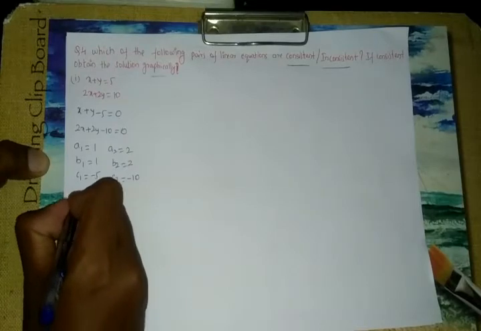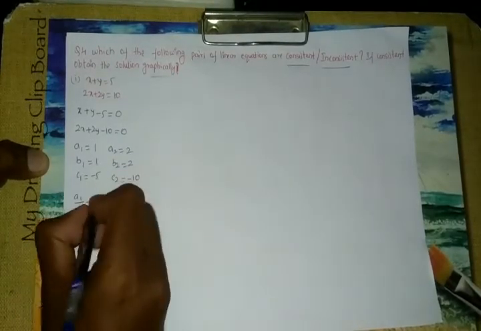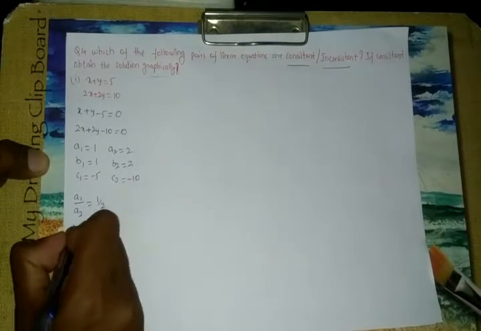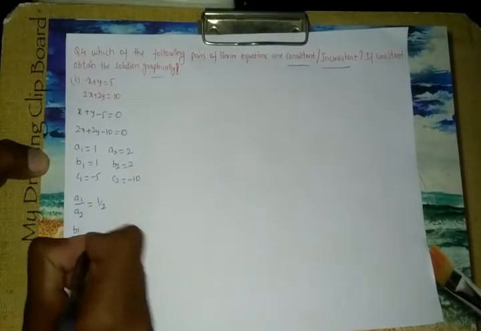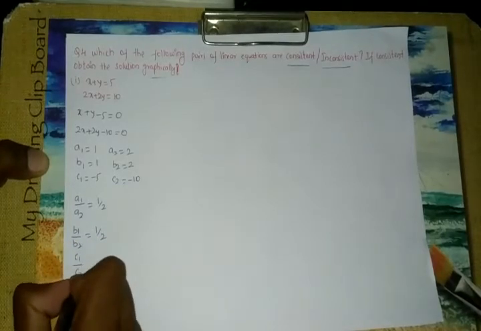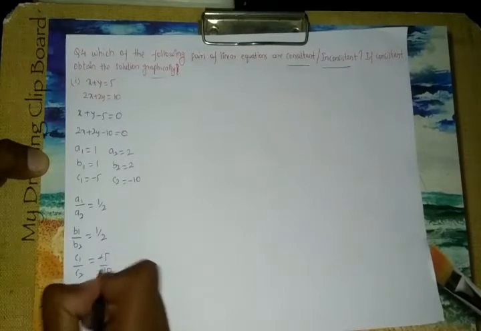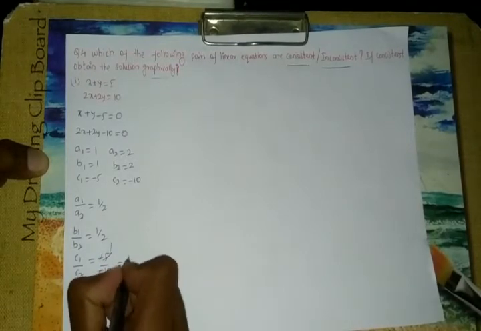So the ratio a1 by a2 equals 1 by 2, b1 by b2 equals 1 by 2, c1 by c2 is minus 5 by minus 10, which is again 1 by 2.